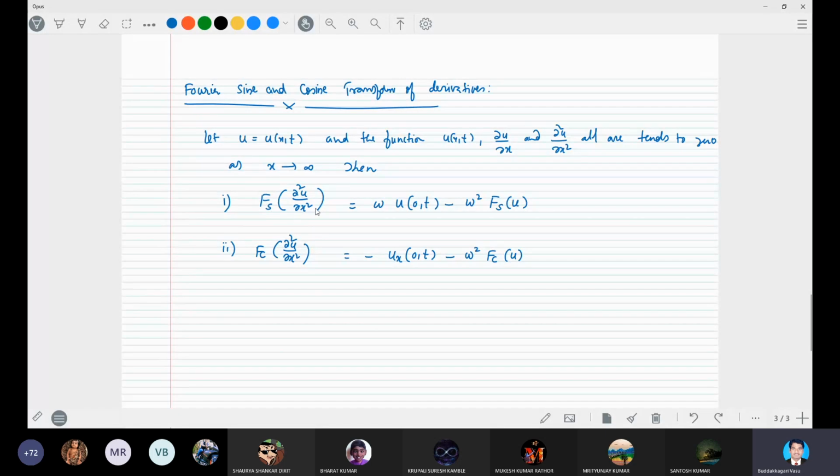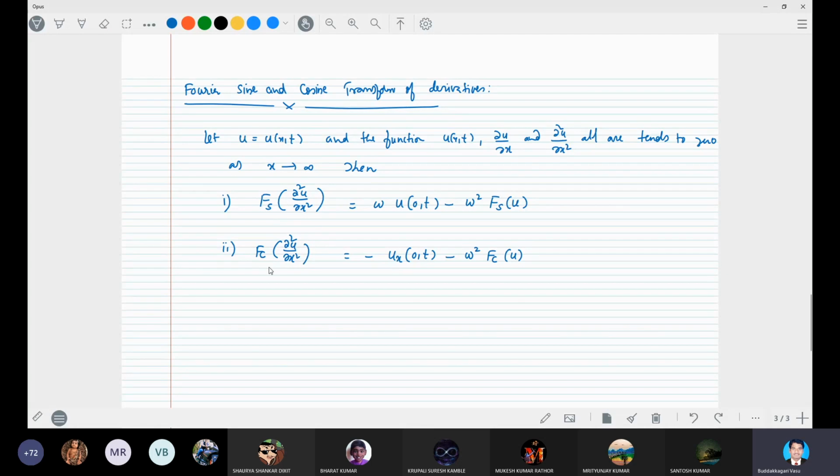So that derivative can be reduced in terms of the Fourier sine transform with the boundary condition. Omega square into Fs(u) is also a function of omega. So totally it will be free of the derivatives, and it can easily be turned into algebraic equations, and their inverse Fourier sine or cosine transforms can provide the required solution for solving initial boundary value problems where there are derivatives, right?